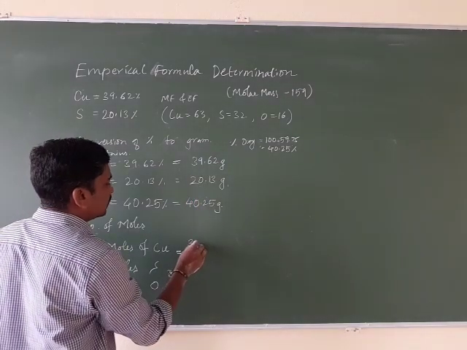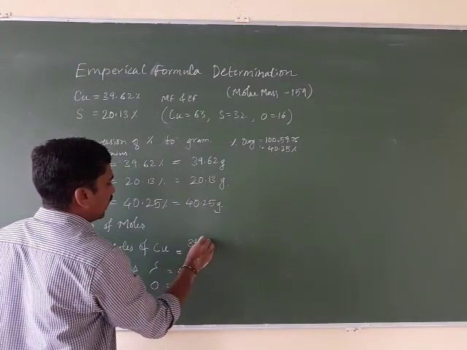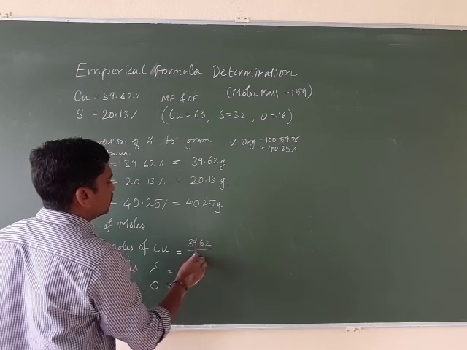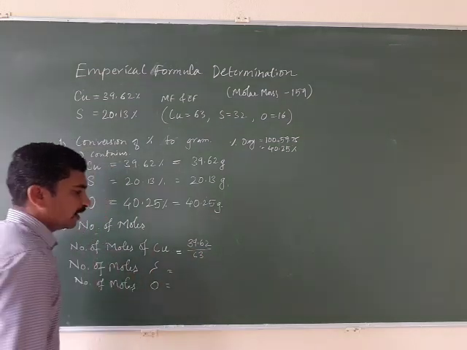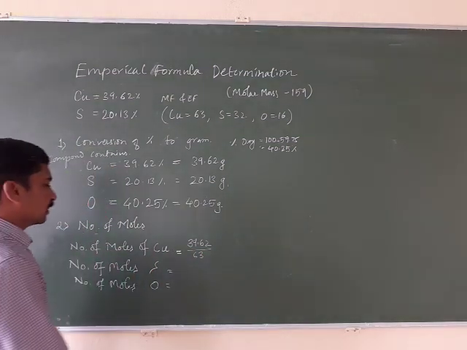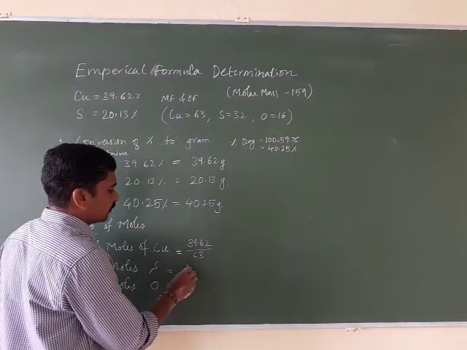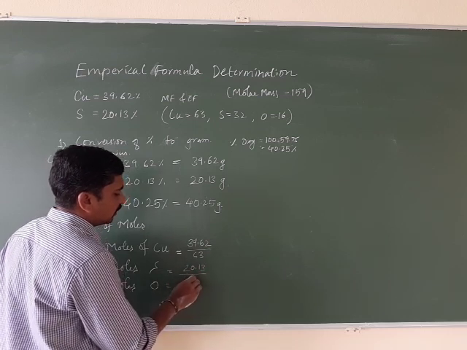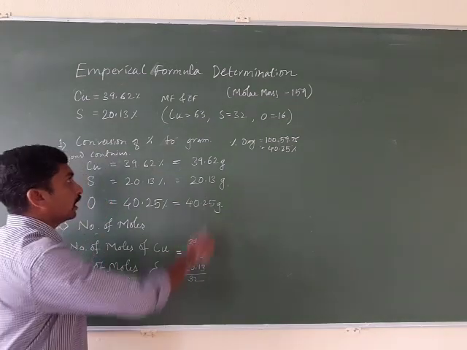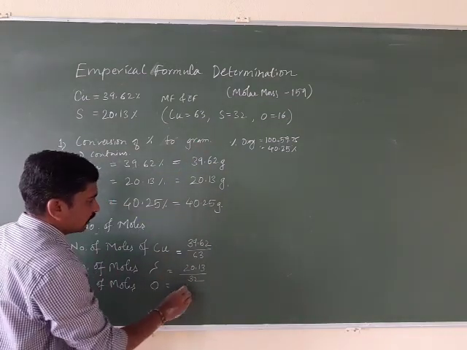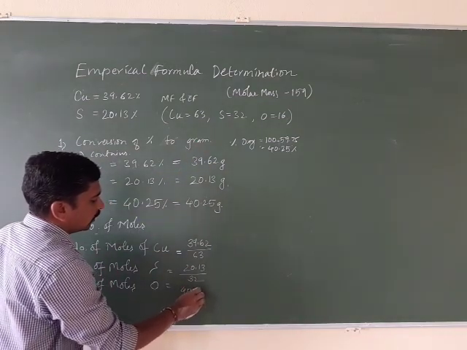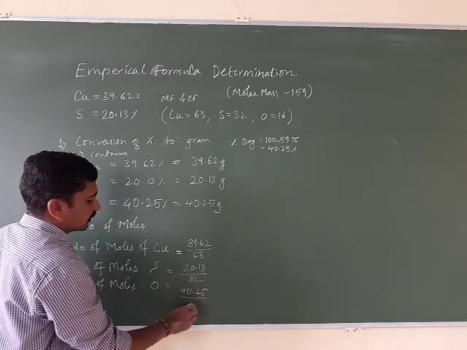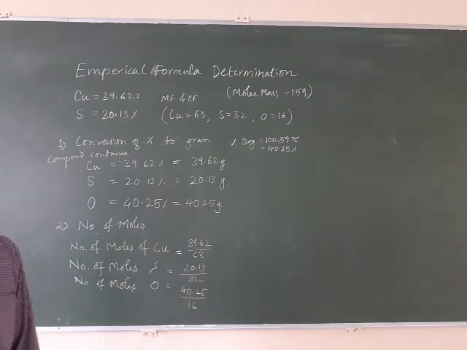So for Cu it is 39.62 gram divided by 63. For sulfur it is 20.13 divided by 32, the atomic mass. And for oxygen it is 40.25 divided by 16.